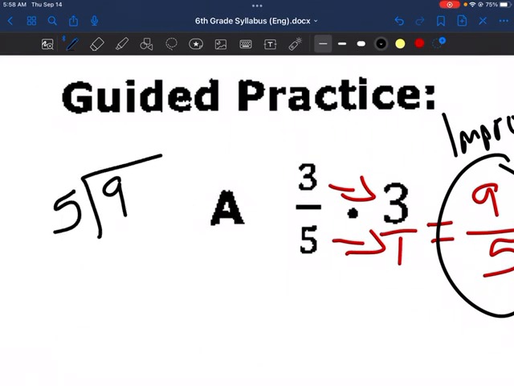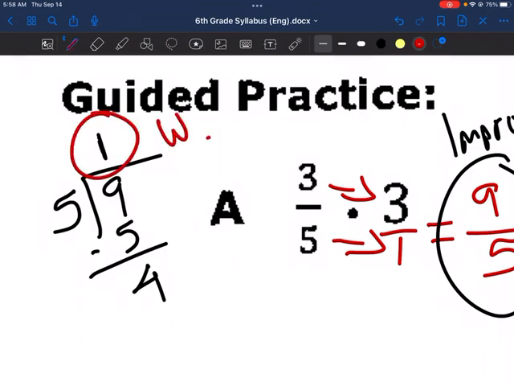So how many times can it fit? 1 time. 5 times 1 is 5. If you subtract, it is 4. The answer is already here. The whole number is this one. The remainder is my numerator, and my denominator always stays the same. So, yeah. That's the proper fraction. This turns into a mixed number, mixed fraction.